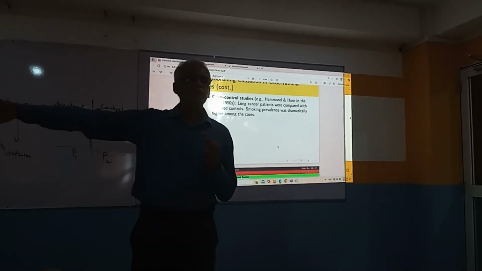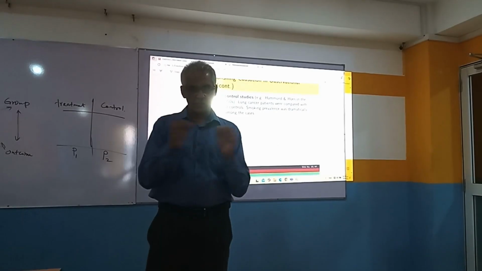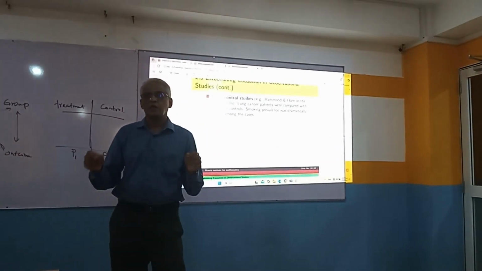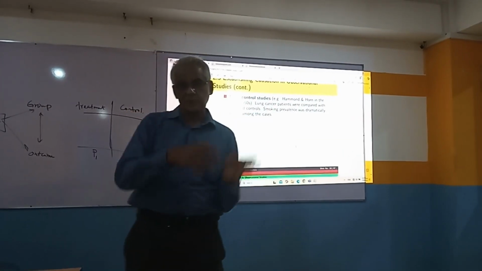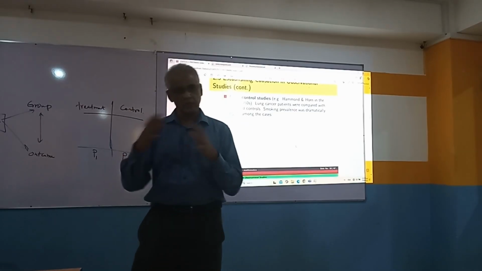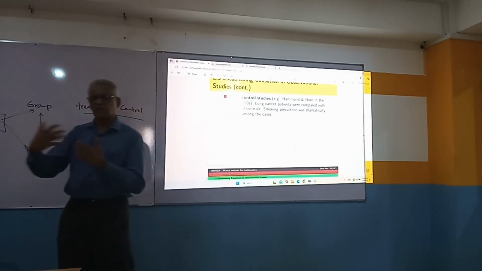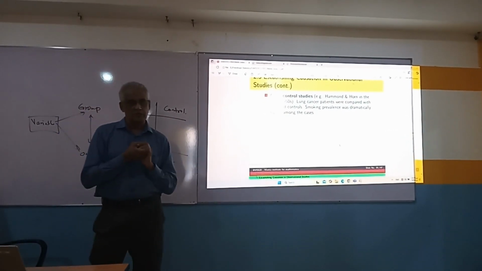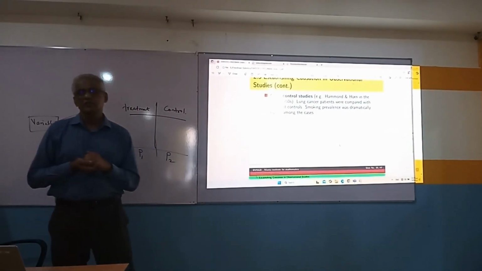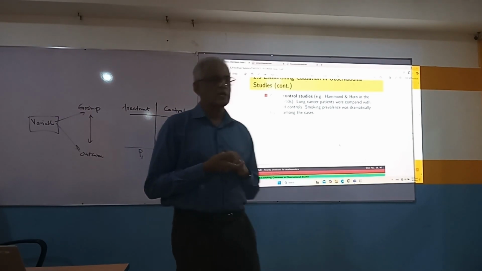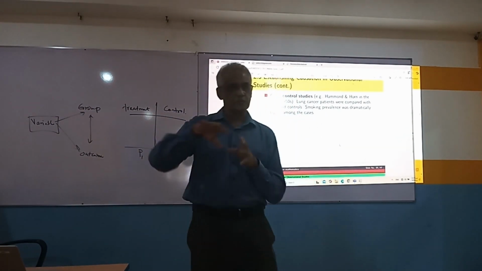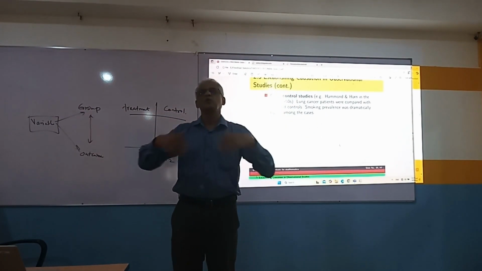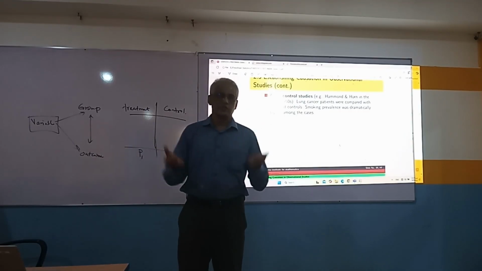So each person is matched on the same characteristics, except smoking or not smoking. This is called a pair-wise comparison, matched pairs. From that kind of study, it's sometimes possible to decide causation, because it's almost like a controlled experiment.